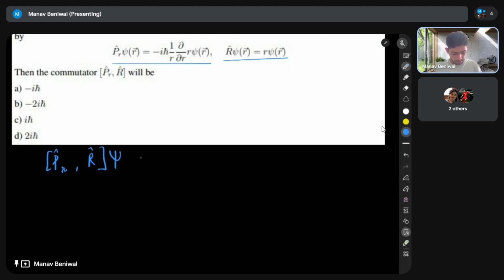This will give us P_r R psi minus R P_r psi. Now, using the two equations given in the problem, we can write R of psi and P_r of psi as follows.